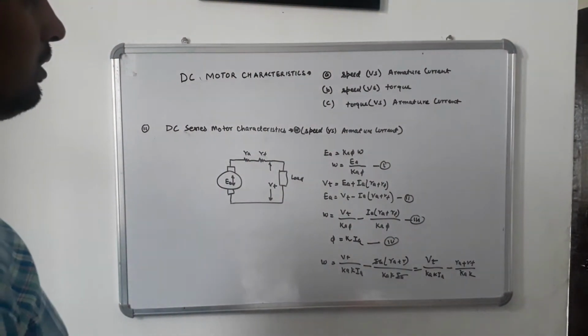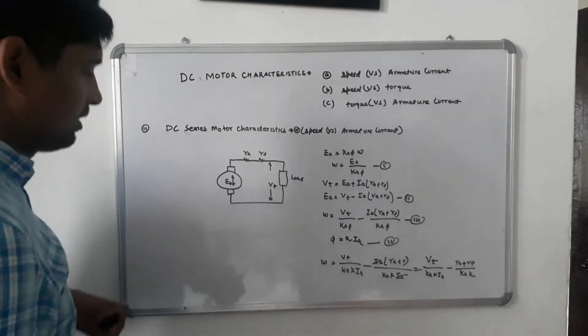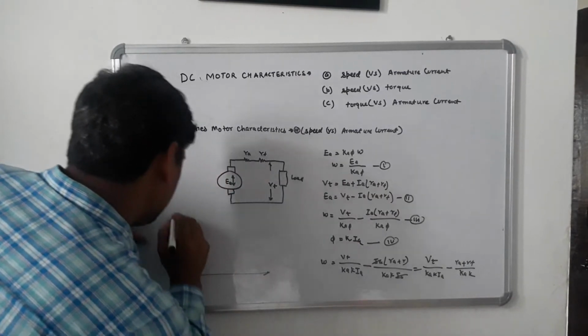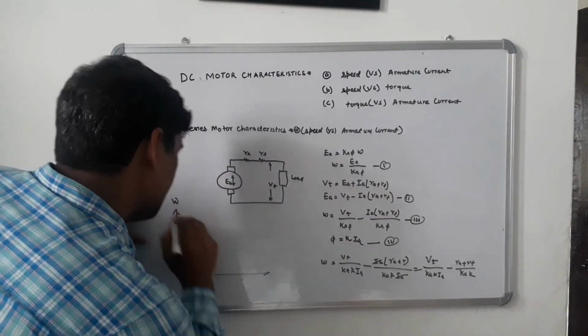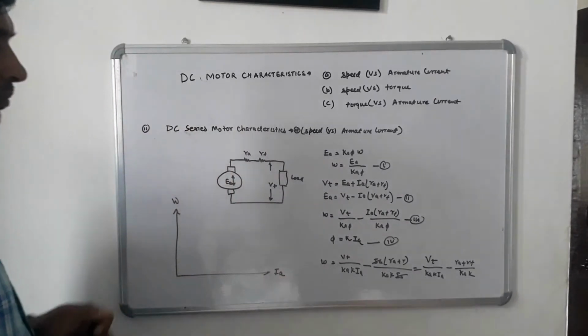The graph is plotted between speed and armature current. This will be the speed omega and this will be the armature current IA.